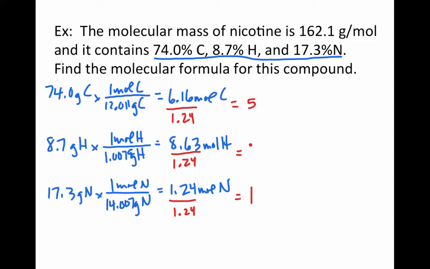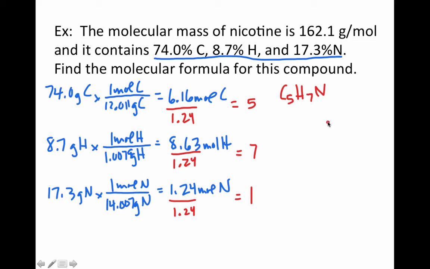And this one is going to come out to roughly, let's see, 6.95. That's going to round up to 7. So I'm just double checking my math here to make sure I have this correct before we move on. All right, so my empirical formula then would be C5H7N.